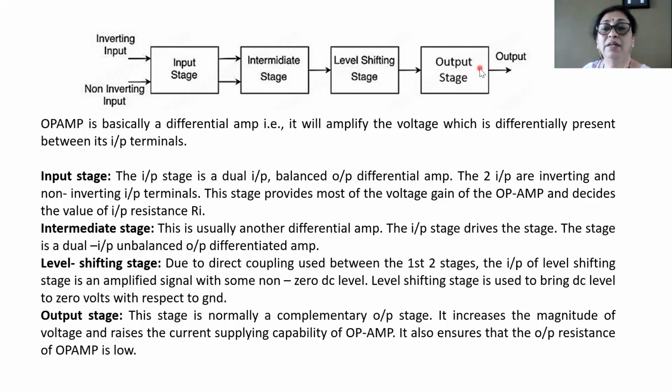You can say that it is working as a current amplifier. It also decides the output resistance of the operational amplifier, and output resistance must be as low as possible. Input resistance must be as high as possible. So this is all about the output stage.